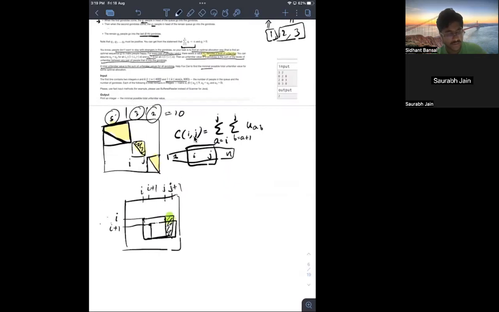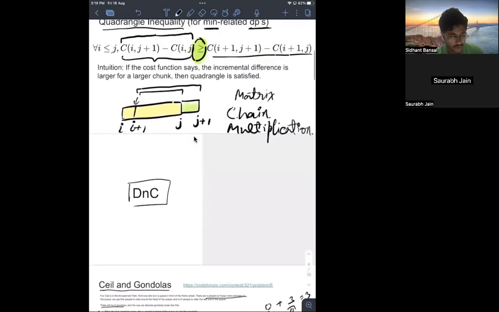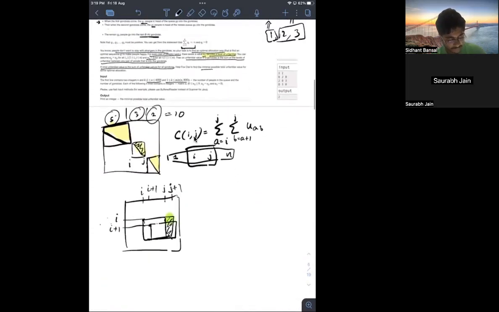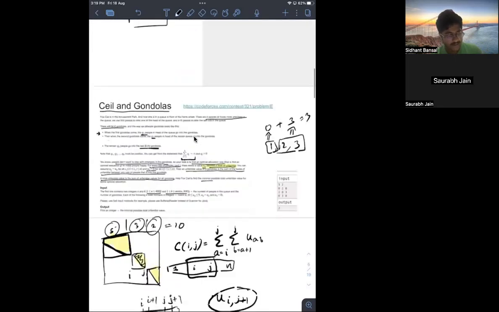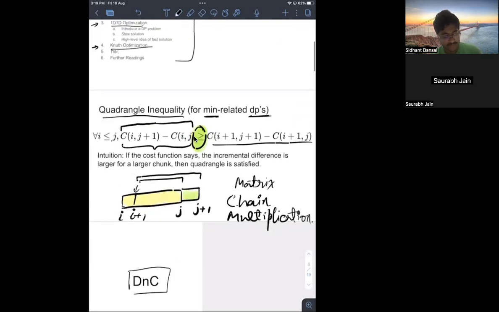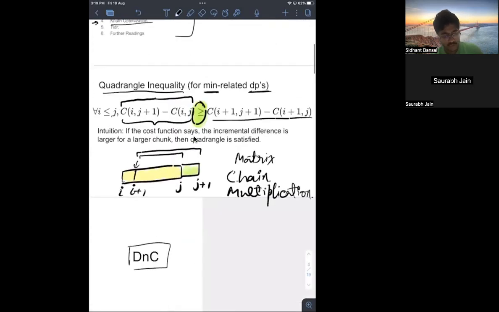You can work out the math if you want, but I just wanted to show you pictorially what it looks like. If you work out the math, you'll find that the value of u(i,j+1) will have been only added in the left-hand side, but not in the right-hand side, because the right-hand side only starts from i plus 1. So you'll never get values that have i in them.